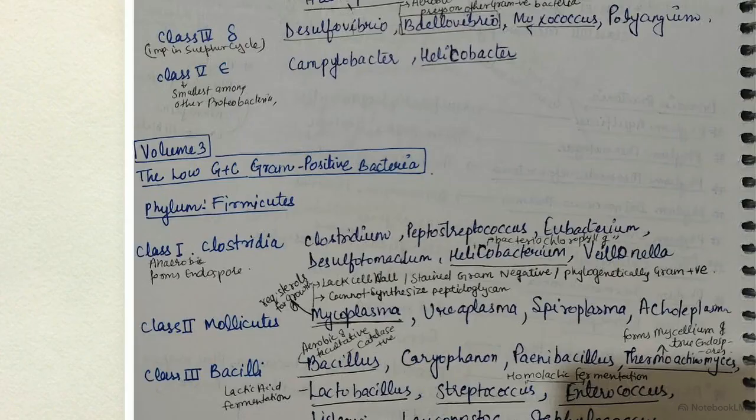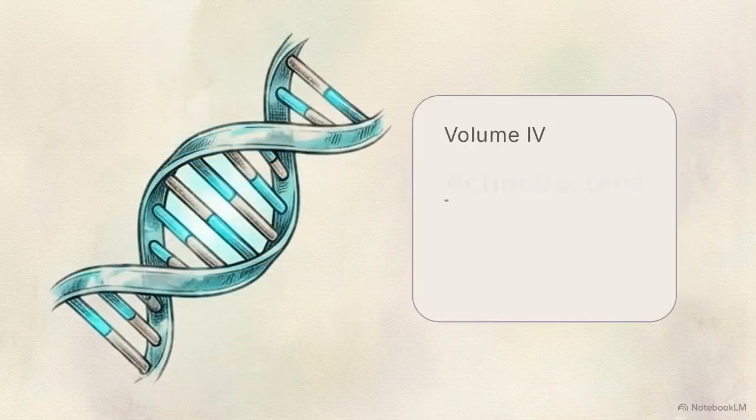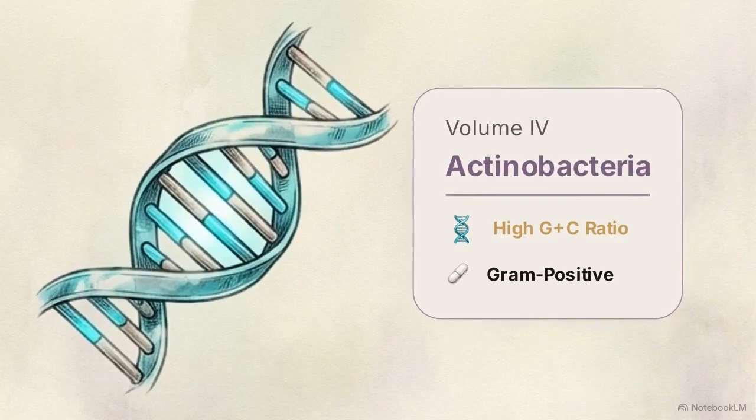Volume 3 covers Class 1, Clostridia, which form endospores in strictly anaerobic environments. Panning to Class 3, Bacilli, we find pathogens like Listeria, linked to food poisoning. Class 2's Mollicutes lack a cell wall, yet their genetic lineage proves they are phylogenetically gram-positive. Organisms with a higher density of those triple-bonded base pairs are separated into Volume 4, the Actinobacteria, representing the high G+C gram-positives.